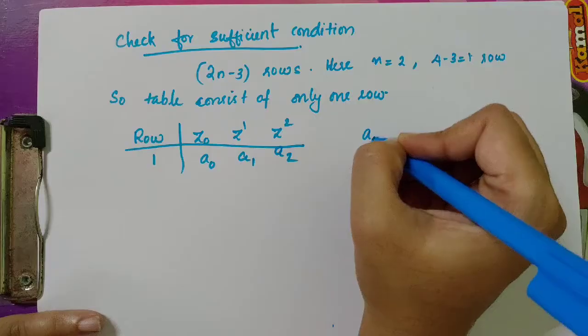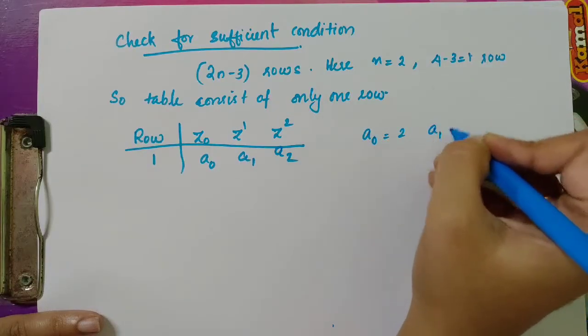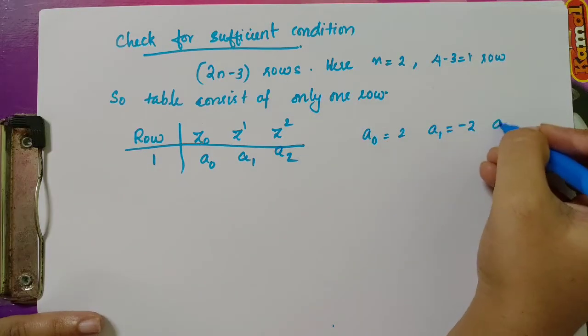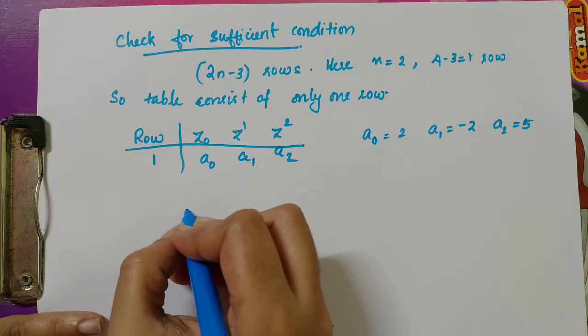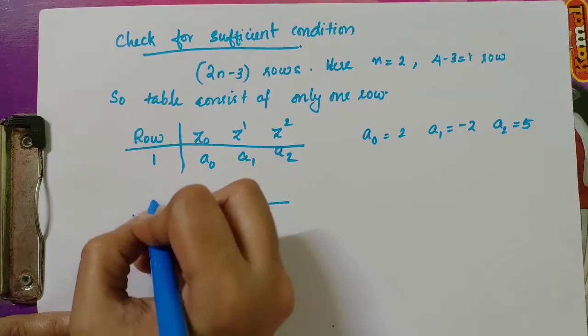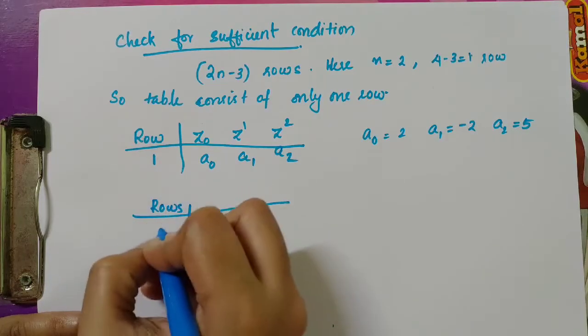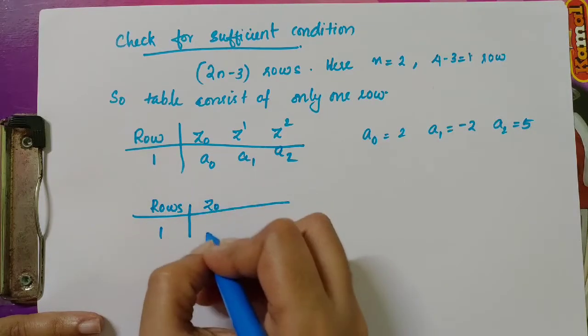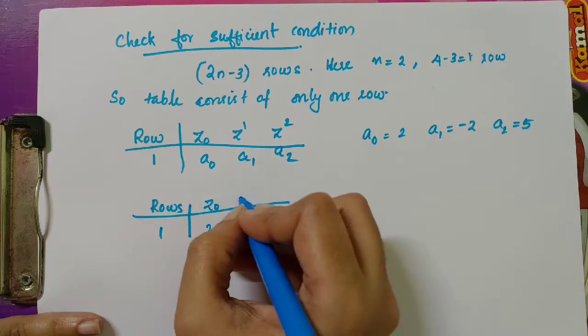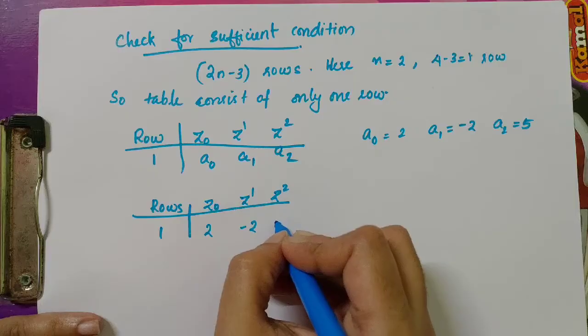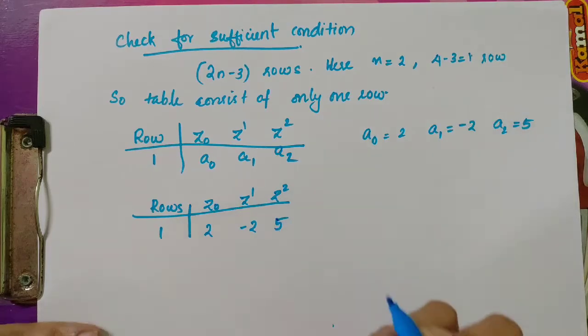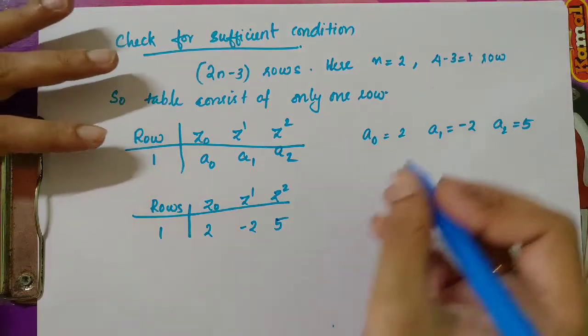So here a0 is equal to 2, a1 is equal to minus 2 and a2 is equal to 5. ഓക്കെ, so നമ്മുടെ row എന്താണ്, z0 a0 എന്ന് പറയുന്നത് 2, z1 എന്ന് പറയുന്നത് -2 ആൻഡ് z2 എന്ന് പറയുന്നത് 5.